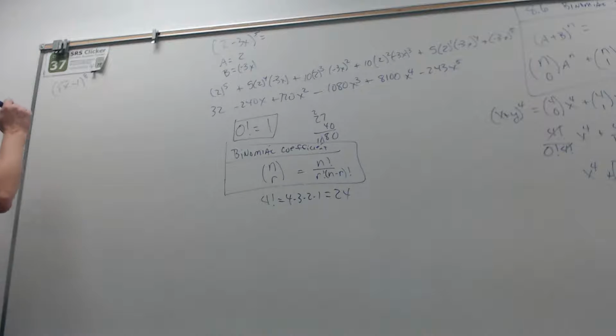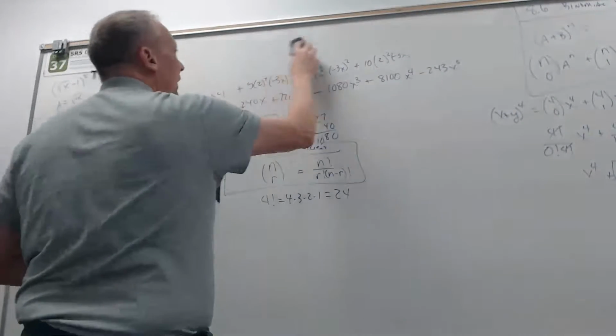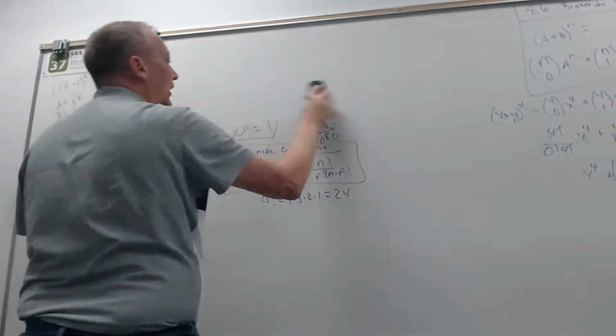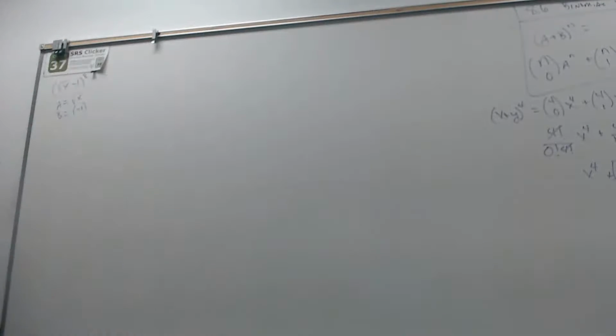So A equals square root of x, the exponent is 8, and B equals negative 1. Okay. So now let's list out all the terms that we're going to have. And by the way, we didn't expand Pascal's triangle to 8, so you could figure it out if you did, but let's just go ahead and do it this way.